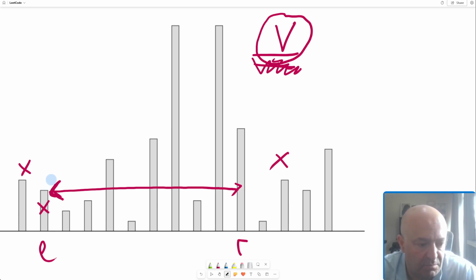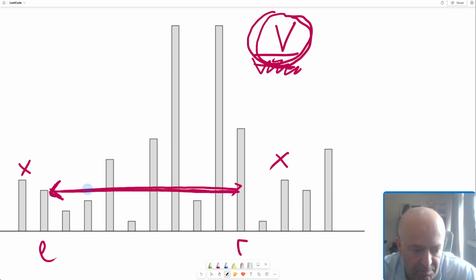How do we prove that? Well, whatever volume we have memorized, it's at least this volume that we have here, because this is the volume of the currently largest container we've seen, and that includes whatever we are currently looking at.